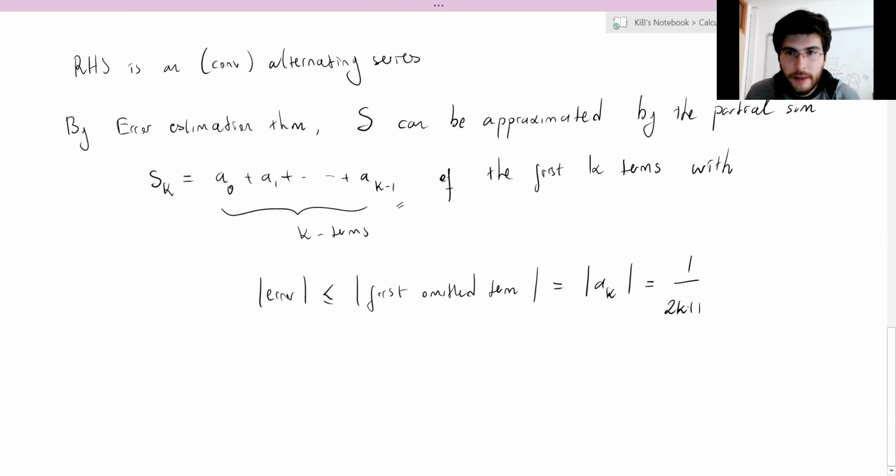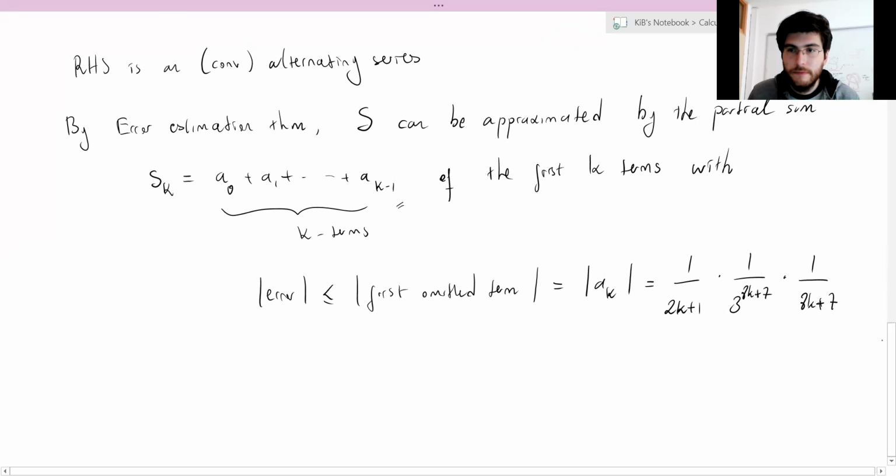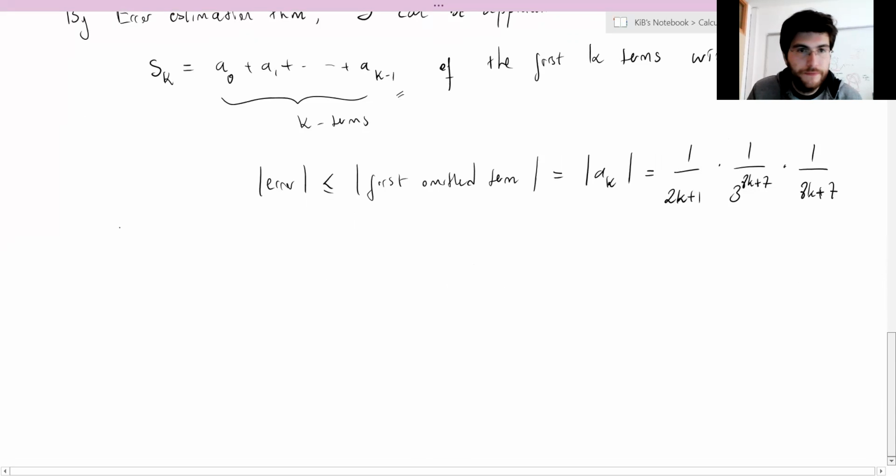If you compute this, it's not that hard. We know what an is. So we have this times 8k plus 7. And what we want is the error less than 10 to the minus 6.